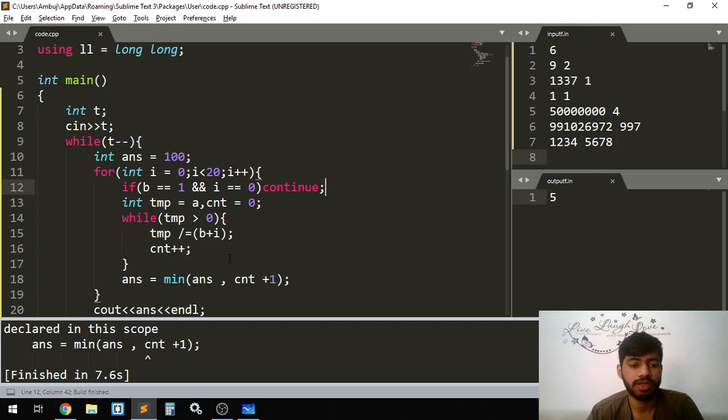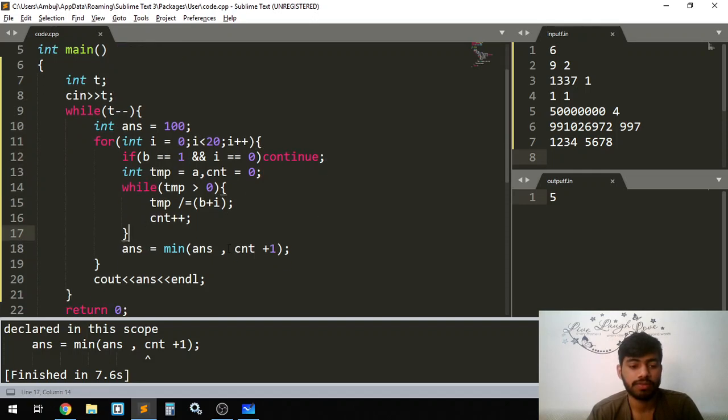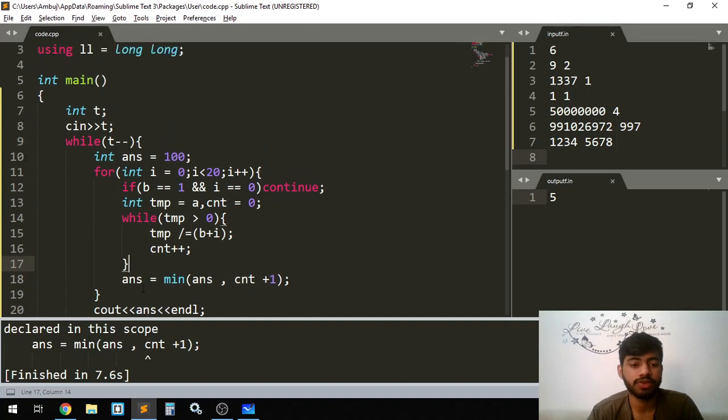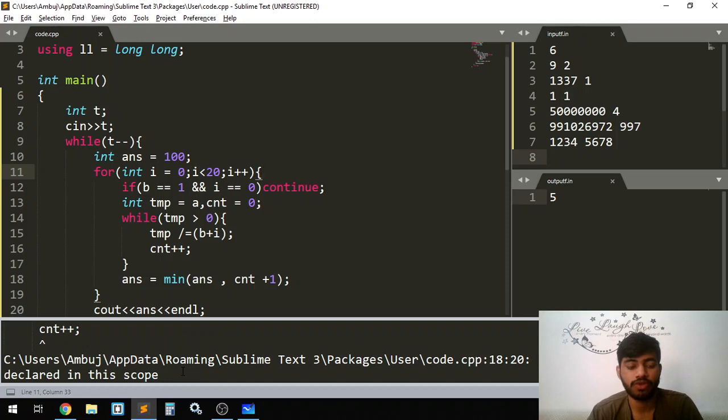It says that count is not defined, declared in the scope. What it says is count was not declared in the scope, but it is count equal to 0.